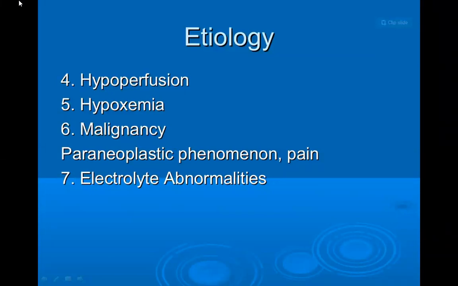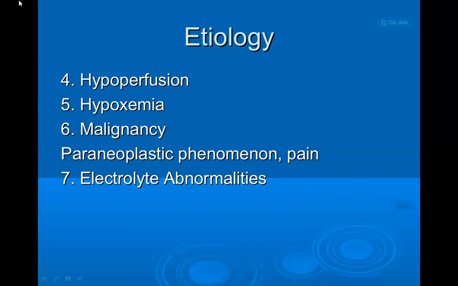Then next is the malignancy, paraneoplastic phenomenon. How will malignancy affect the brain? If the patient has any malignancy present in the brain or any part of the brain, it will compress that particular area of the brain.